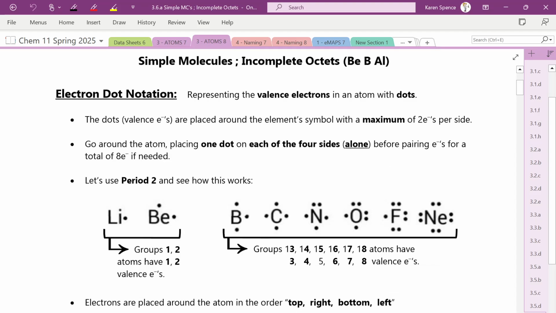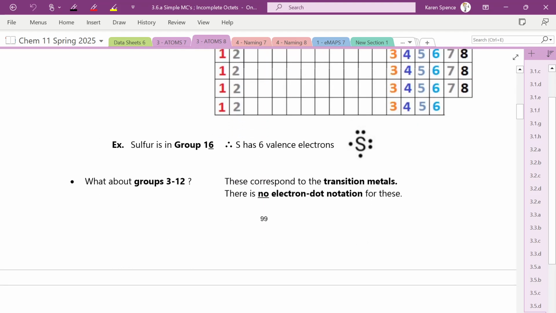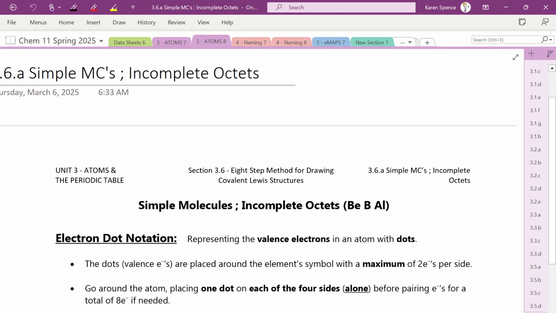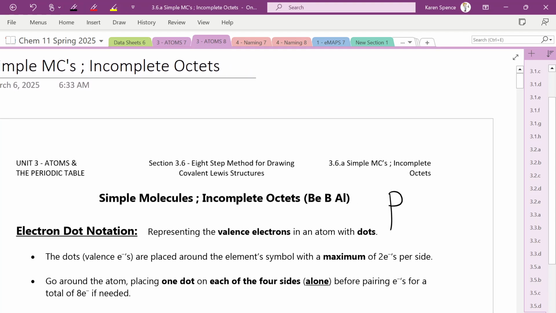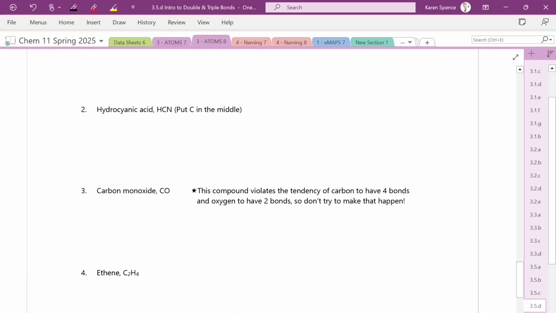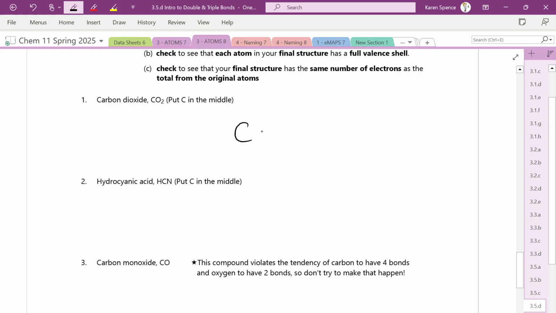So what we're going to do is turn to page 99. If you did successfully get the structures, give yourself a pat on the back. If you are wondering what they look like, here is carbon dioxide. Here is hydrocyanic acid.